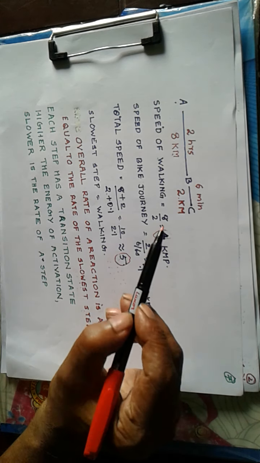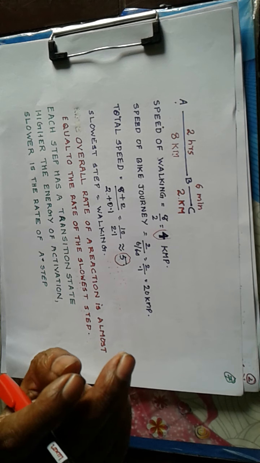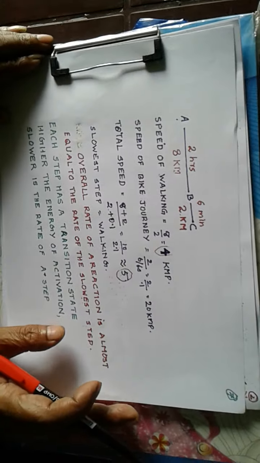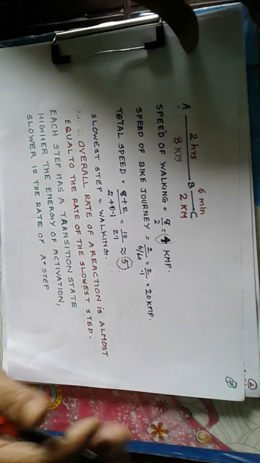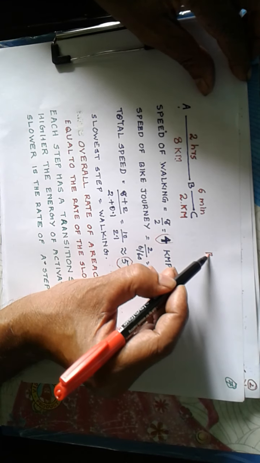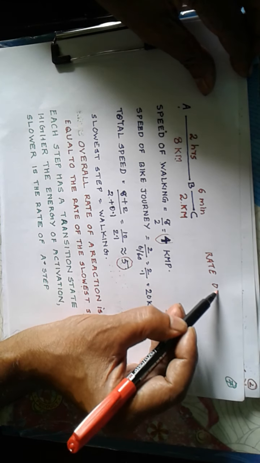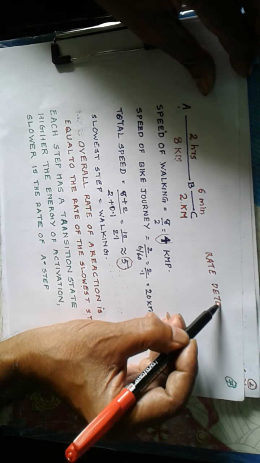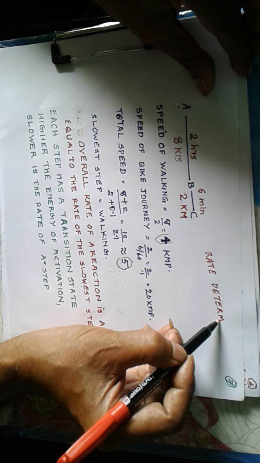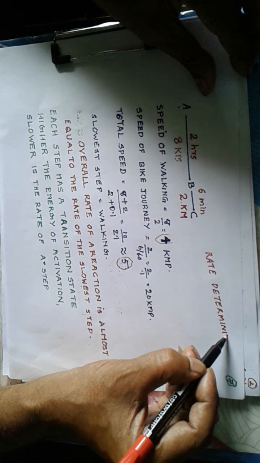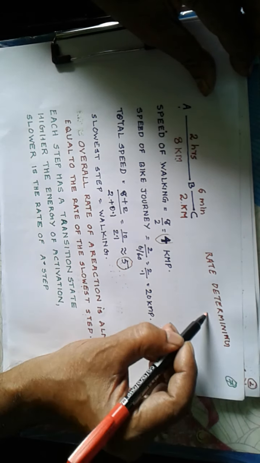And the slowest step in the reaction is also called the rate determining step.